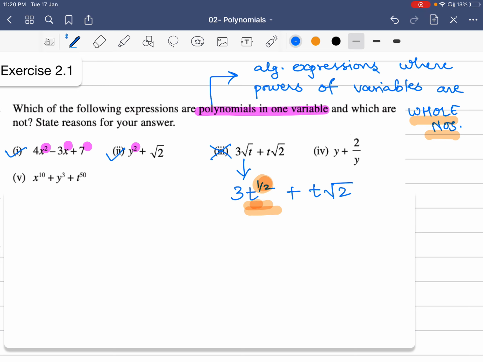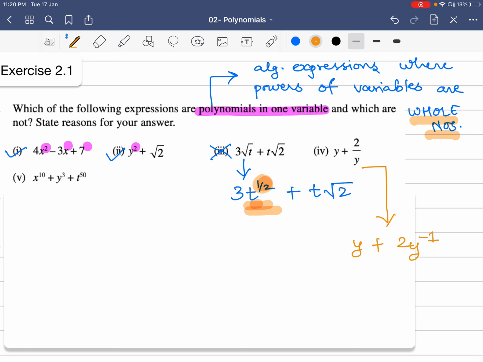Next, we move to example number 4, y plus 2 by y. Once again, we need to express this in the proper form, so I'll just use a different color. y plus 2 divided by y can be written as y plus 2 y raised to minus 1.